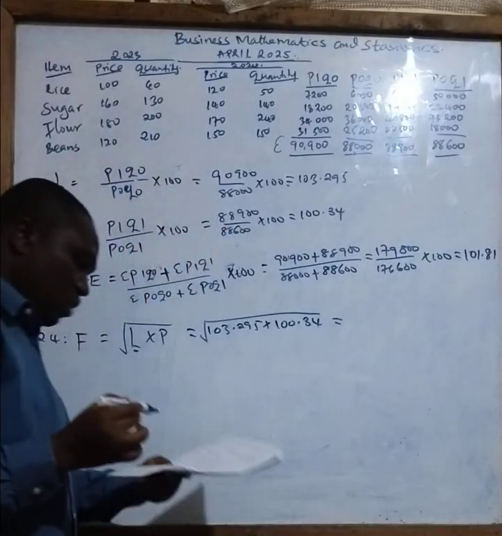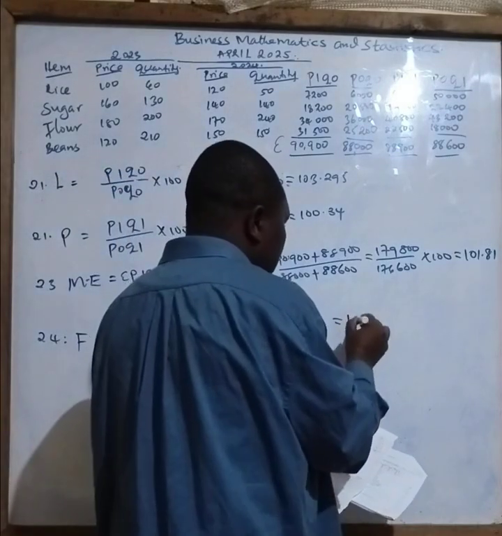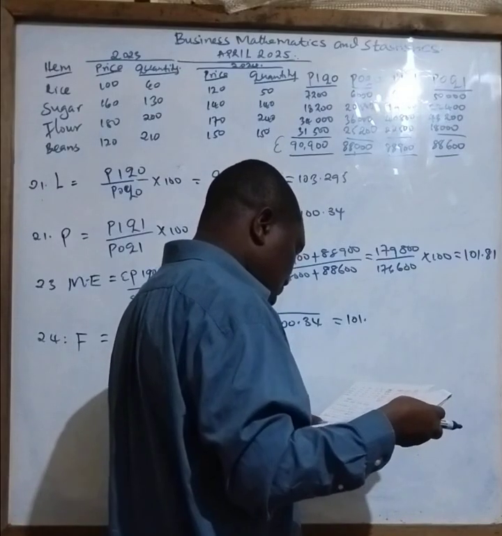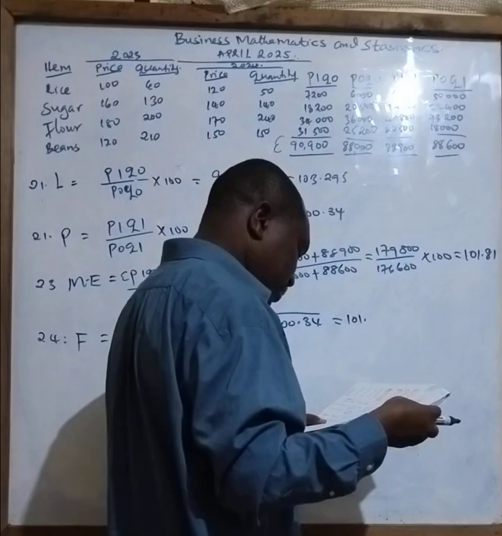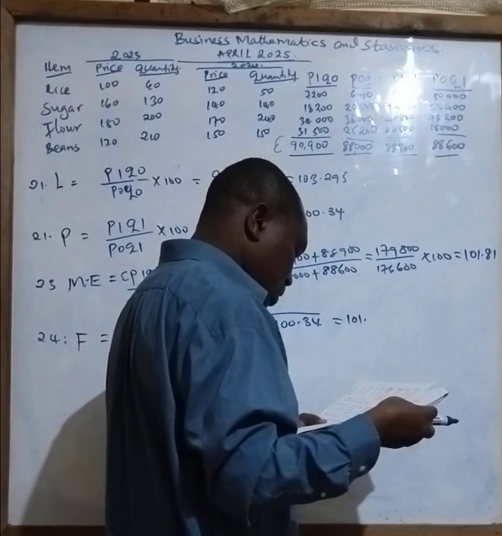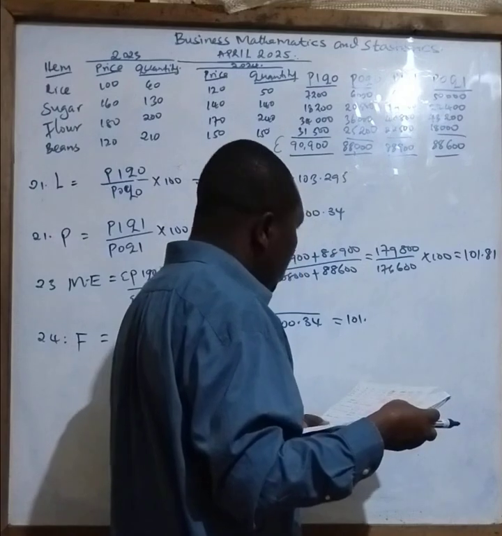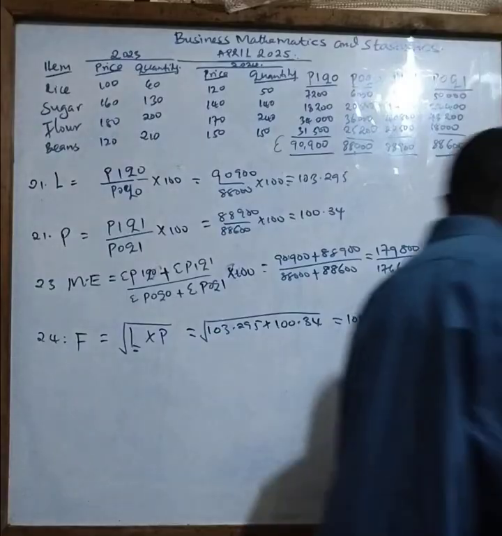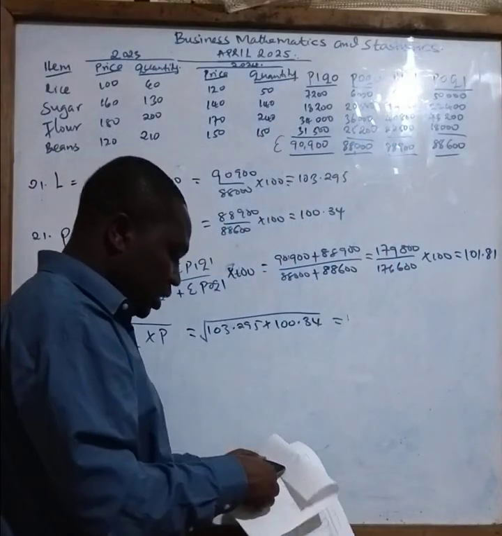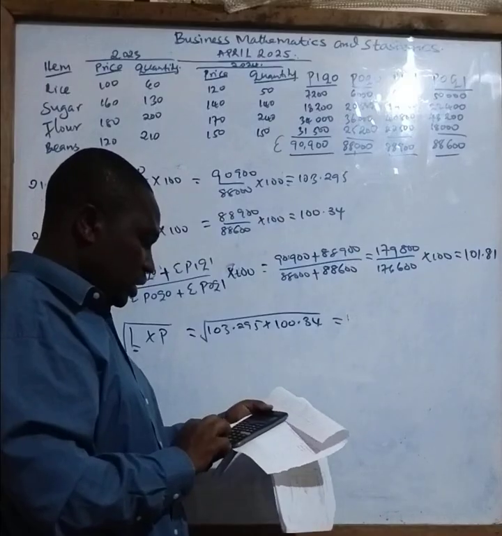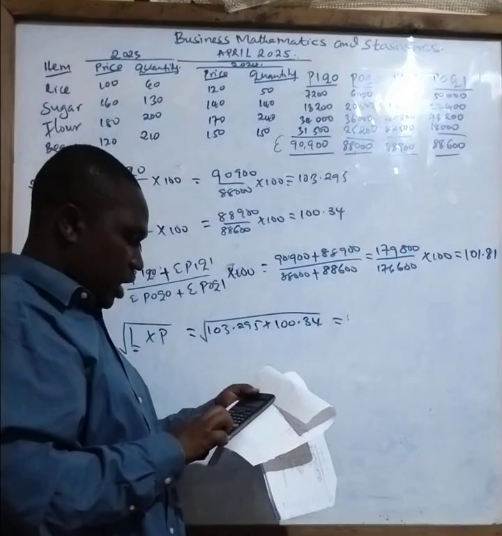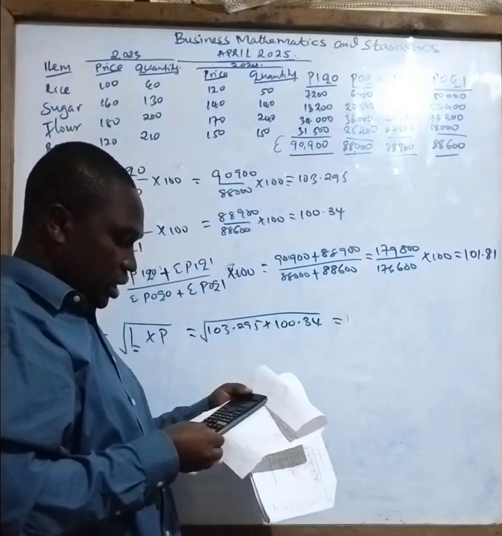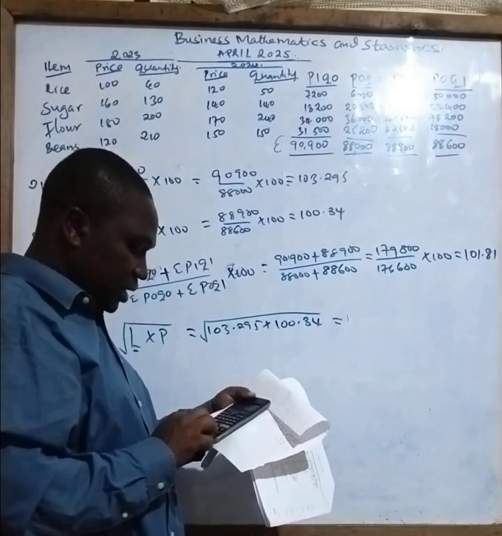So we take 103.295 times 100.34, you get the answer, then find the square root of that answer.